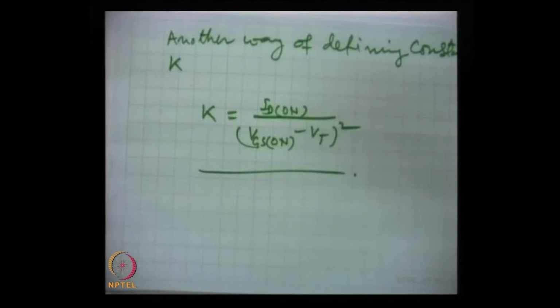This we have talked about in the junction field effect transistor and in the depletion mode MOSFET, and now in this E-MOSFET also the same thing. So, next is saturation region.